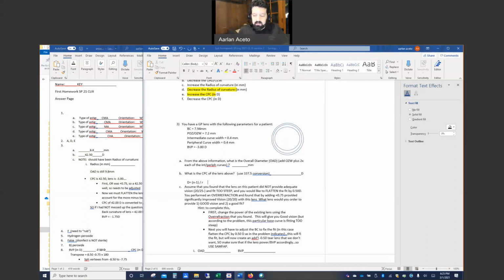Or you simply use our 337, n equals 1.3375, or just use our little formula where it says 337.5 divided by this radius, 7.94, and it'll give us the answer, and I believe it's 42.5.